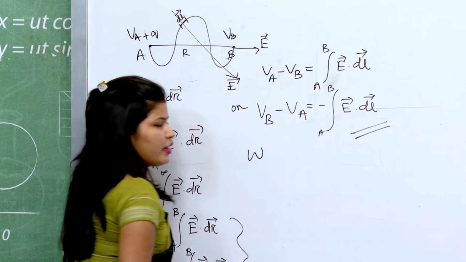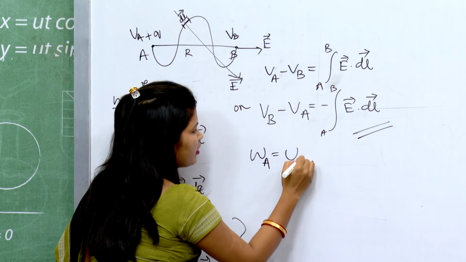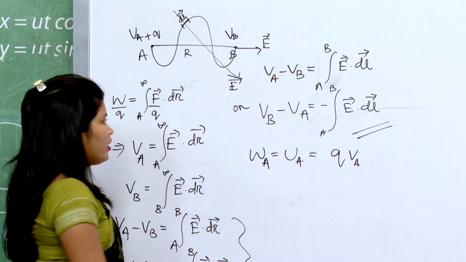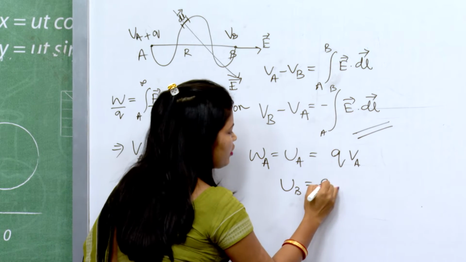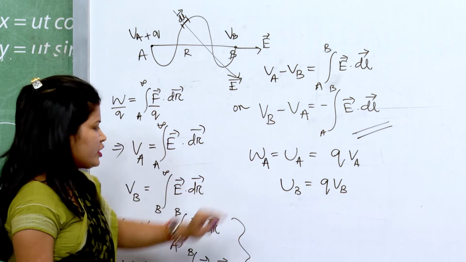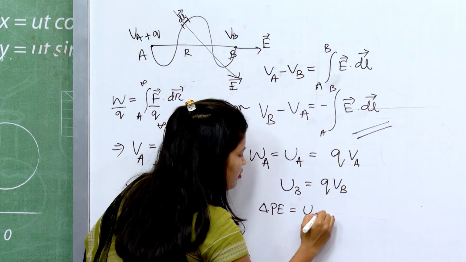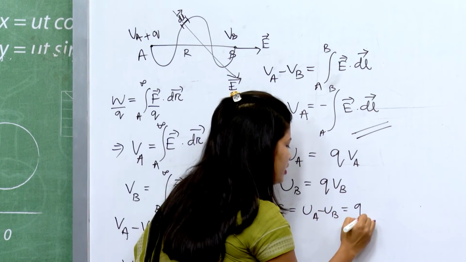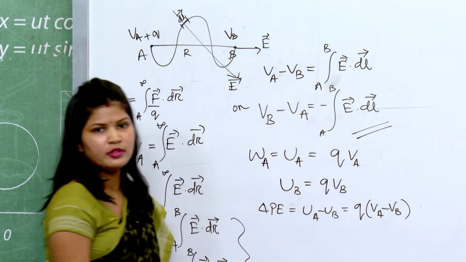The work done or the energy to get to A is equal to Q into V A, and the work done or the energy to get to B is equal to Q into V B. So, the change in potential energy, U A minus U B, is equal to Q into V A minus V B.